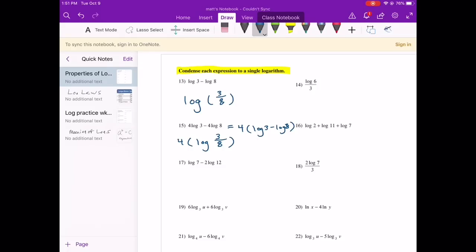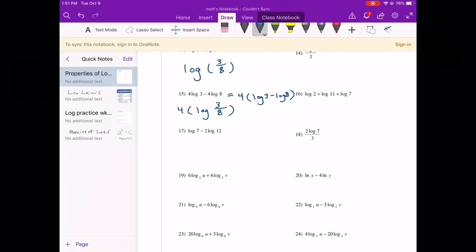Okay. Now just working through a couple more things here to make sure that I'm picking up the clues that they're giving me. Like something in number 18, 2 times the log of 7 over 3. Well, I almost need you to see this as 2/3 times log of 7.